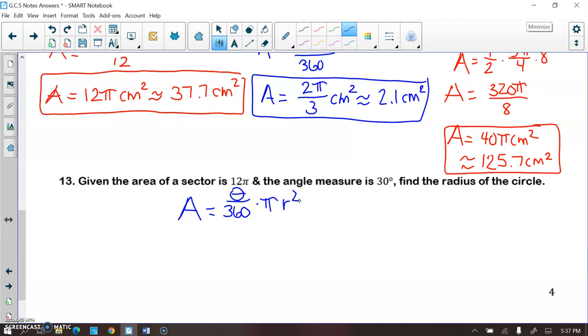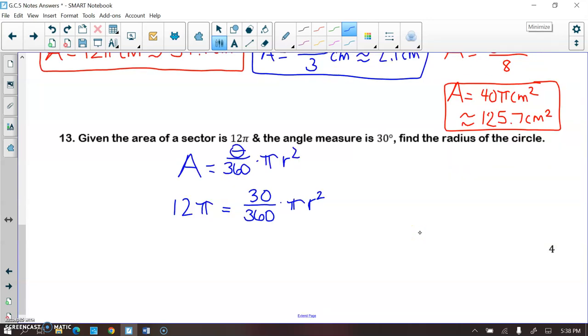My area is 12 pi, so I'm filling that in. My angle was 30. Now we're going to solve for r, my radius. The very first thing I'm going to do is multiply by 360 on both sides.